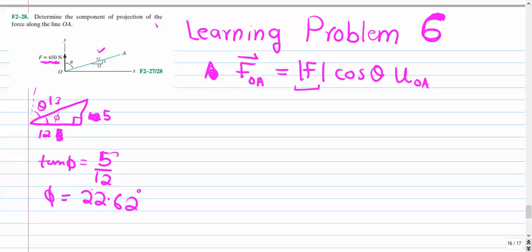Since phi is 22.62 degrees, theta would be 90 minus 22.62 degrees, and so we get theta is equal to 67.38. So this angle is 67.38.